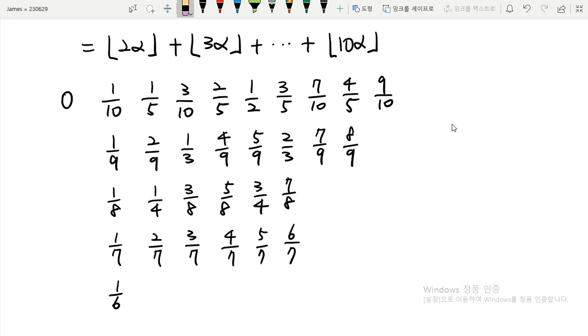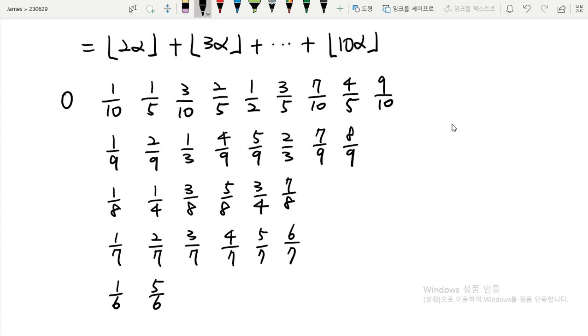And 3 over 6. 3/6 is half. Half is already included, so I'm not going to write 3/6 twice. And 4/6 is 2/3. 2/3 is already included. So the next one is the 5/6. So when the denominator is 6, there are only 2 fractions.